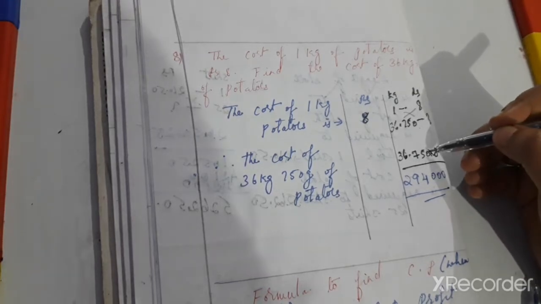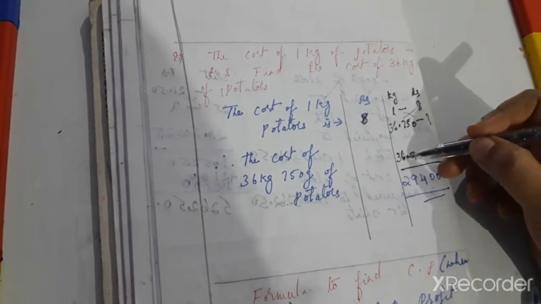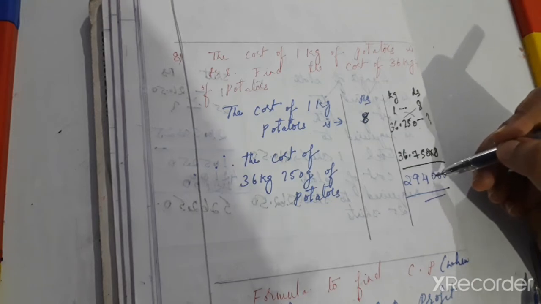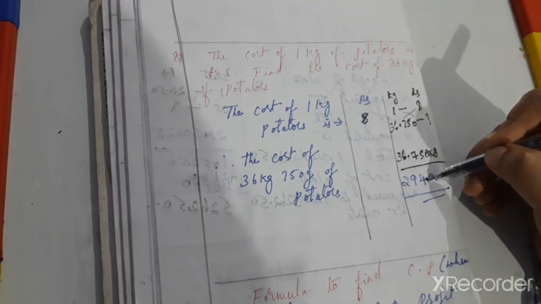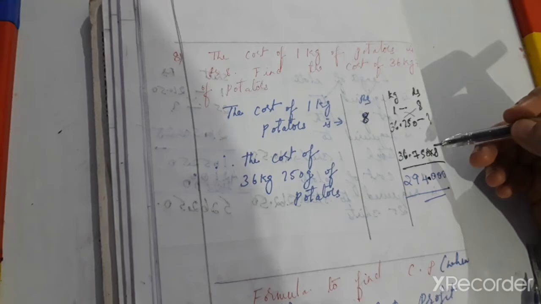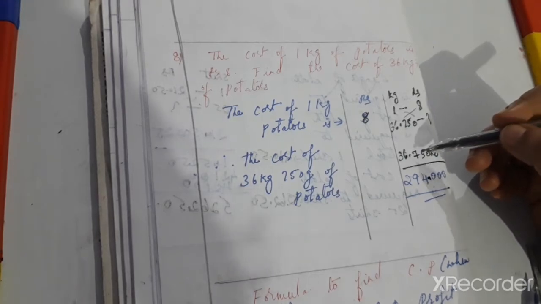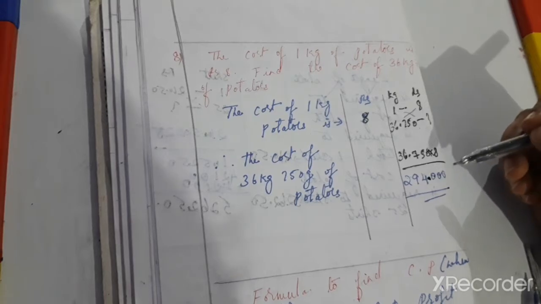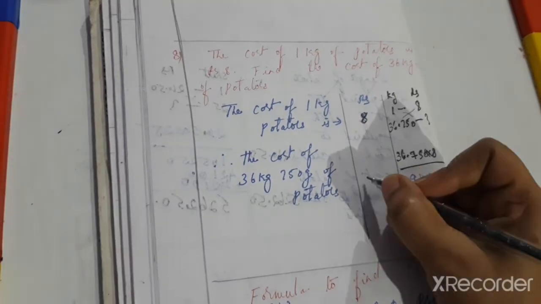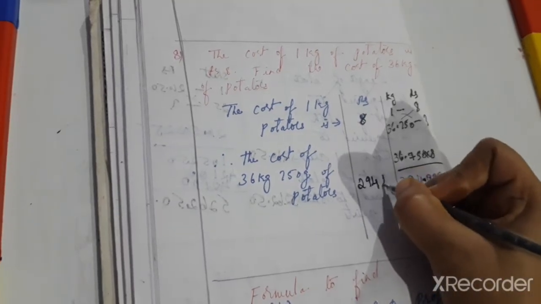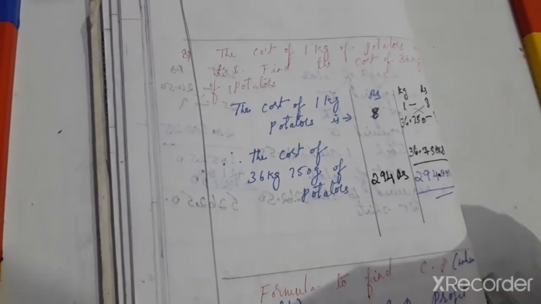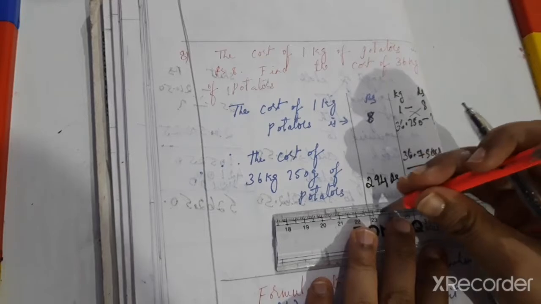So here, 1 2 3, after 3 digits the decimal point is given. So in the answer also, after 3 numbers we have to put the decimal point from the right side. Count from the right side 1 2 3, then the decimal point. So the cost is 294 rupees. It is valid, 294 rupees.